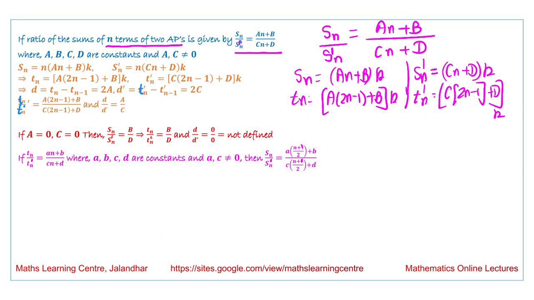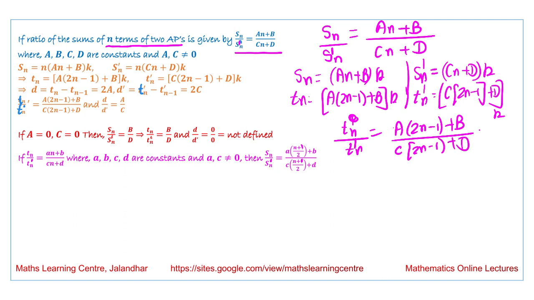Now if we divide both these values, we obtain that Tn by Tn dash is equal to (a into 2n minus 1 plus b) divided by (c into 2n minus 1 plus d).